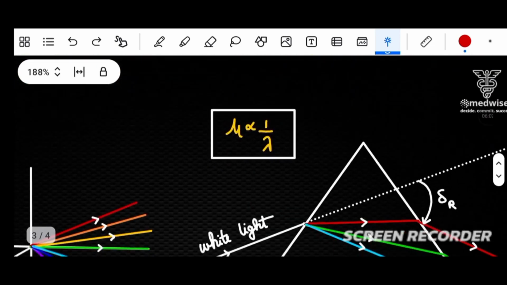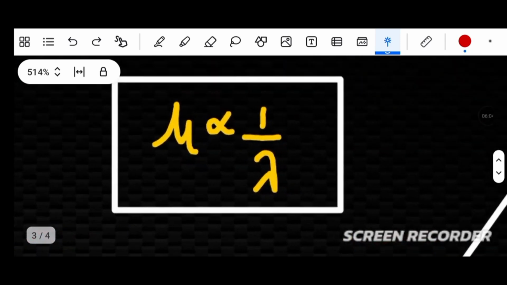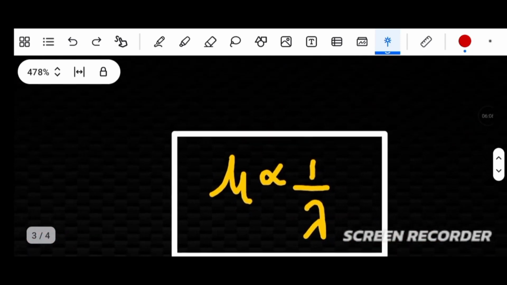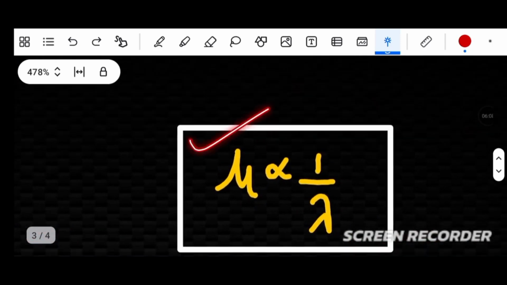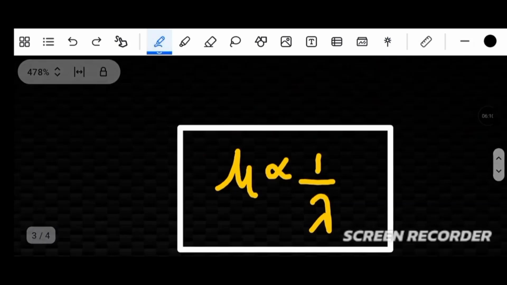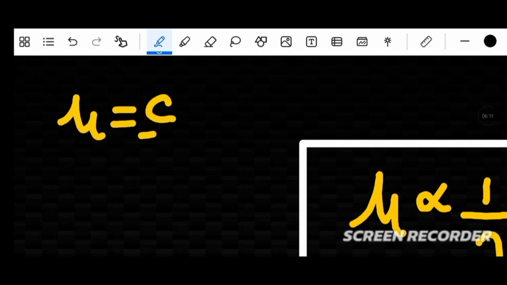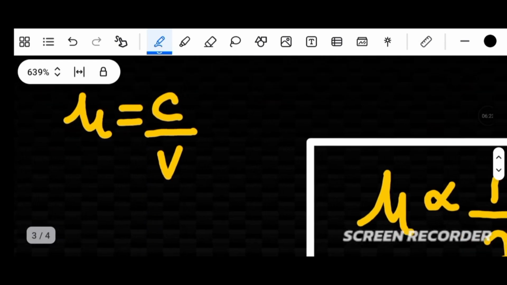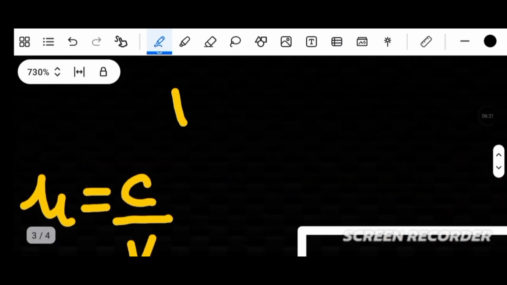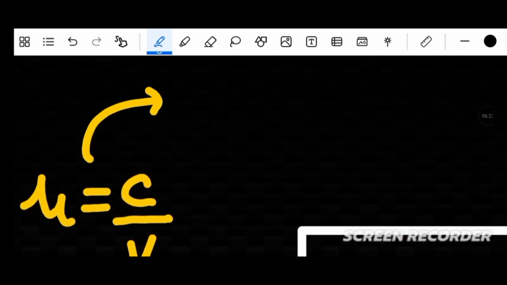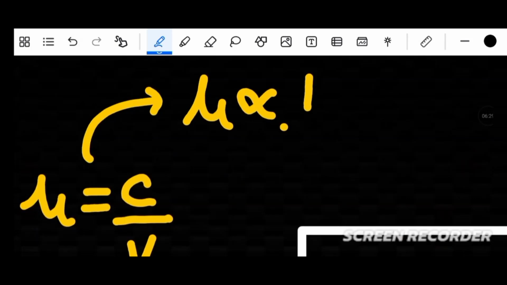Going to the next part, now this is the equation, a very important equation. We know that refractive index, how do you write refractive index? Refractive index is written by c by v, μ equal to c by v. This is the refractive index. So μ is inversely proportional to velocity of light.